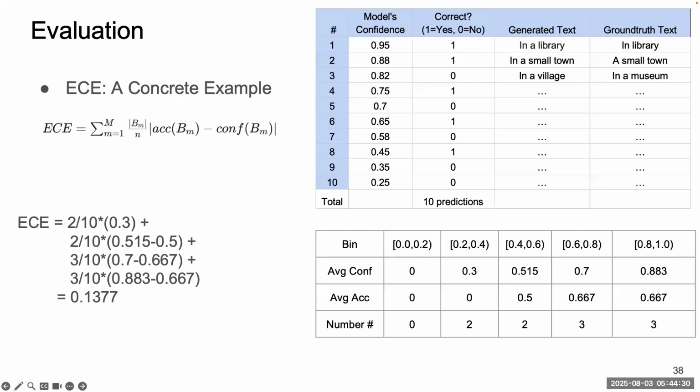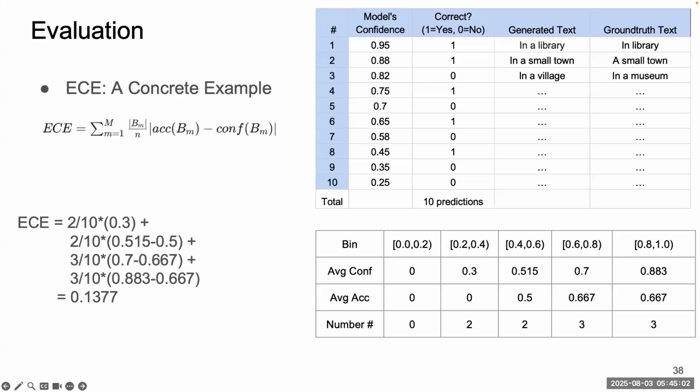And then the average accuracy, I think something is wrong. Okay, so those two fall into the 0.2 to 0.4 bin, right? Their mean confidence is 0.3, and these two samples are then calculated with this equation where you average over the overall number of samples.